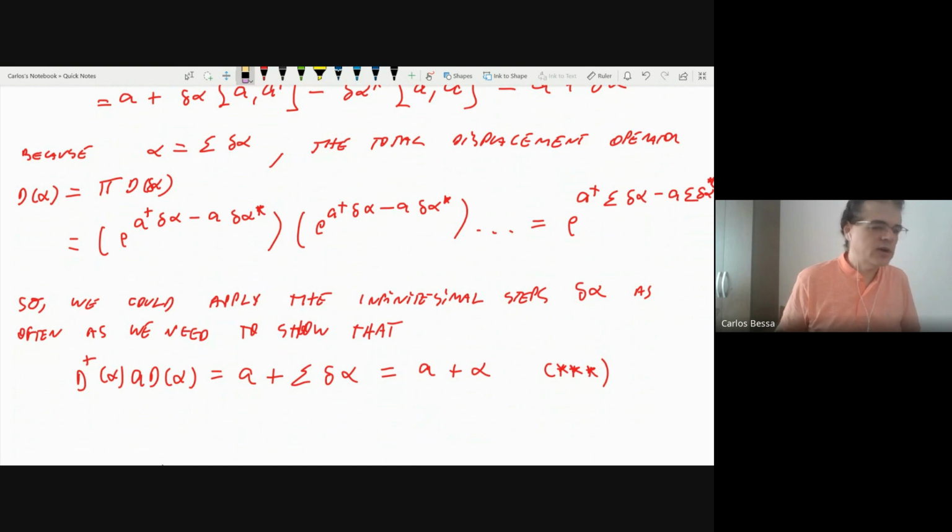Because of the effect of displacing, it can be called the displacement operator.